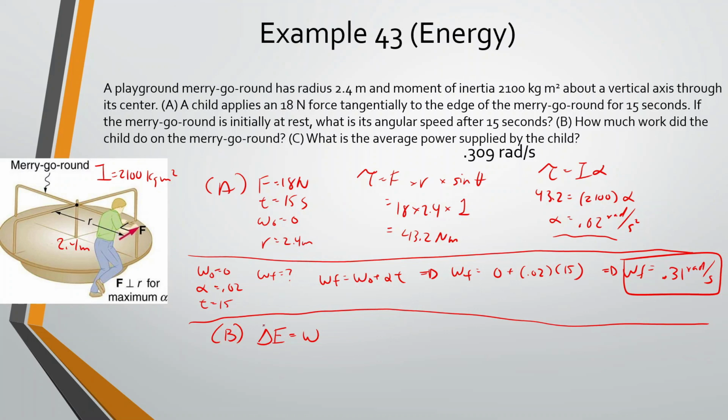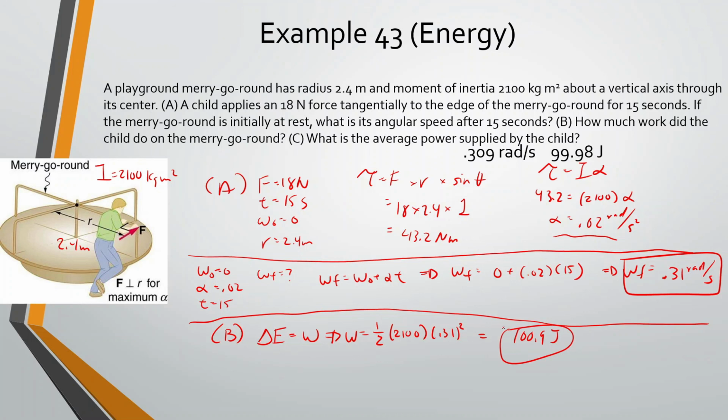It's only kinetic energy, so the work is equal to the change in kinetic energy, which is 1/2 I, which is 2100, omega squared, 0.31 squared. The initial was just 0, so we don't have to do all those calculations. So we get 0.31 squared times 2100 times 0.5, and we get 100.9 joules.